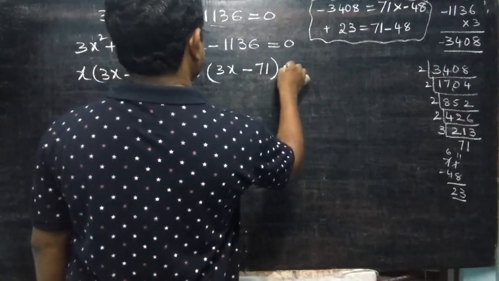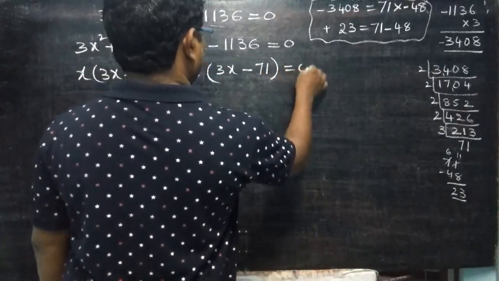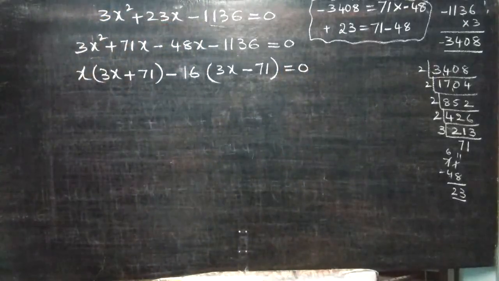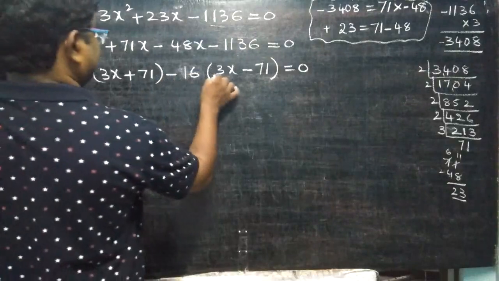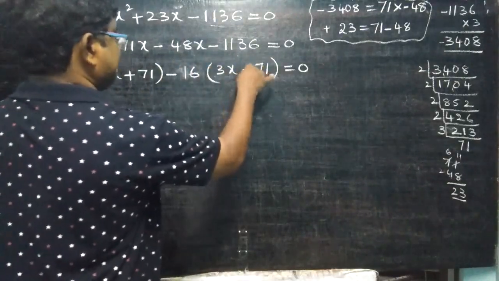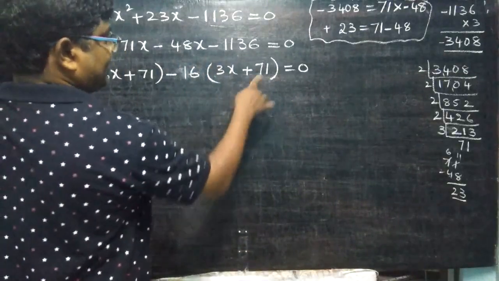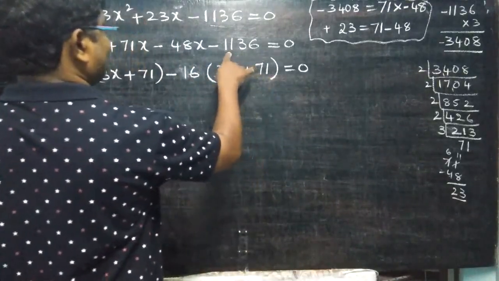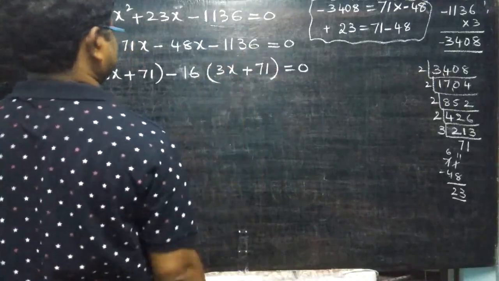Is equal to 0. Minus 16, you are taking common. Minus, here plus, here minus will become plus. If you multiply 1671's, 1173 will come.